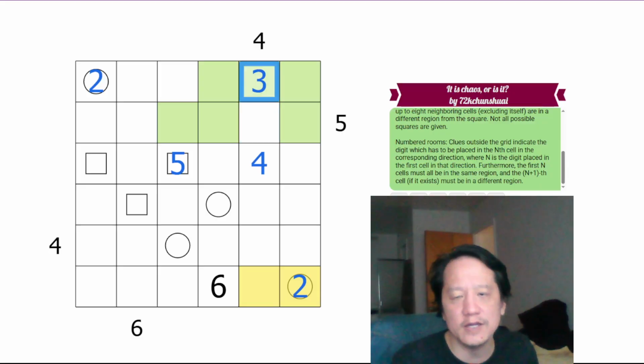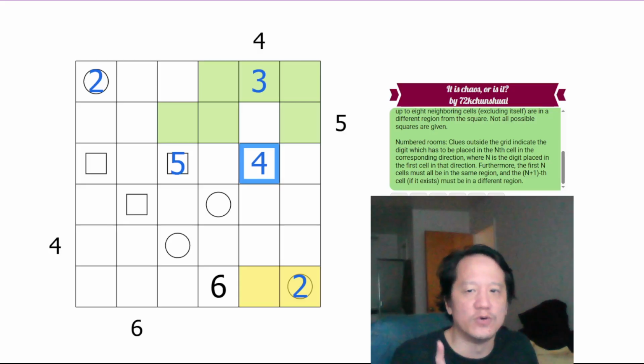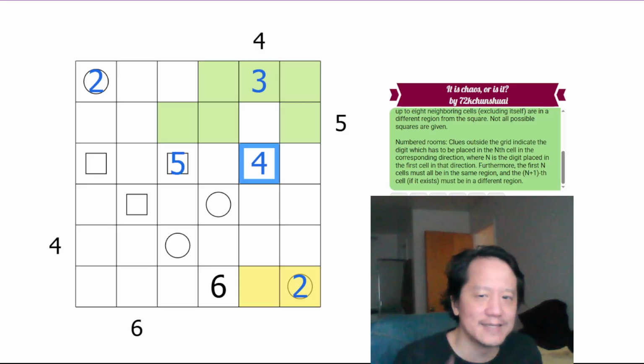The 3 is equal to the n, so that means it's the nth cell, because it's the first cell in that direction. And that's saying that 4 has to be placed in the third cell, so 4 would have to be there. Furthermore, the first n cells must all be in the same region.